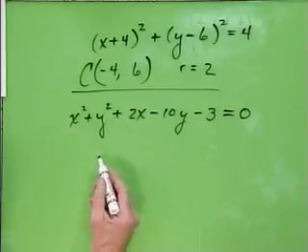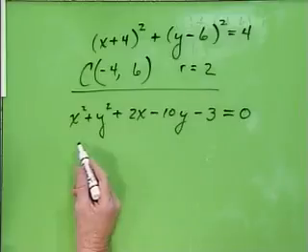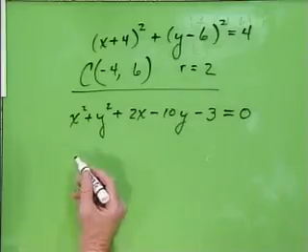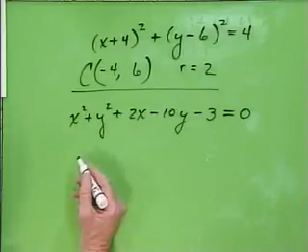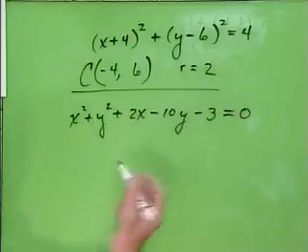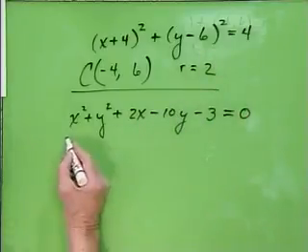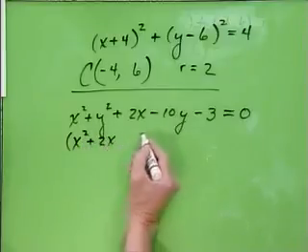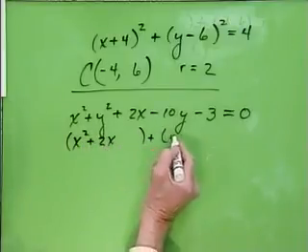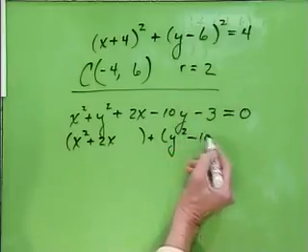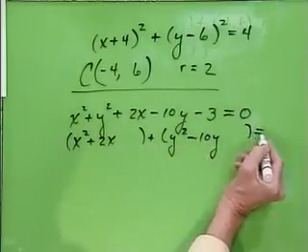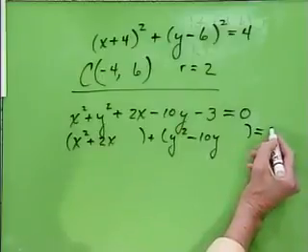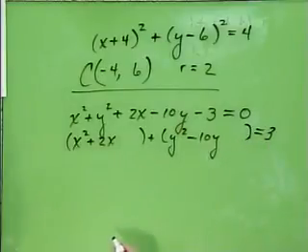Well, of course, the problem is it's been expanded and changed, so we can no longer see the center and the radius. So I think if we could get it back in the form of the previous problem, we could read off the answer. To do that, I'm going to put all the x's together, and I'm going to put all the y's together. And the 3, I'll move out of the way. I'll bring over here to the other side.